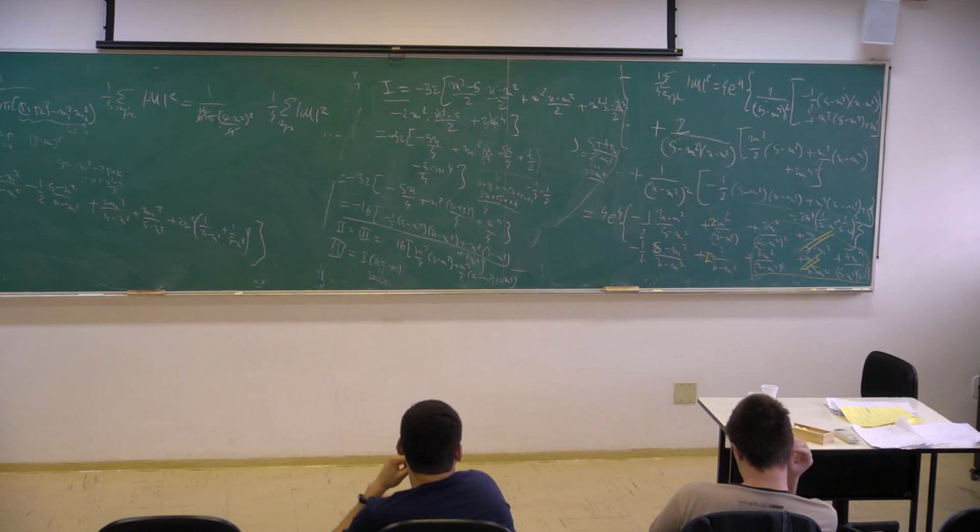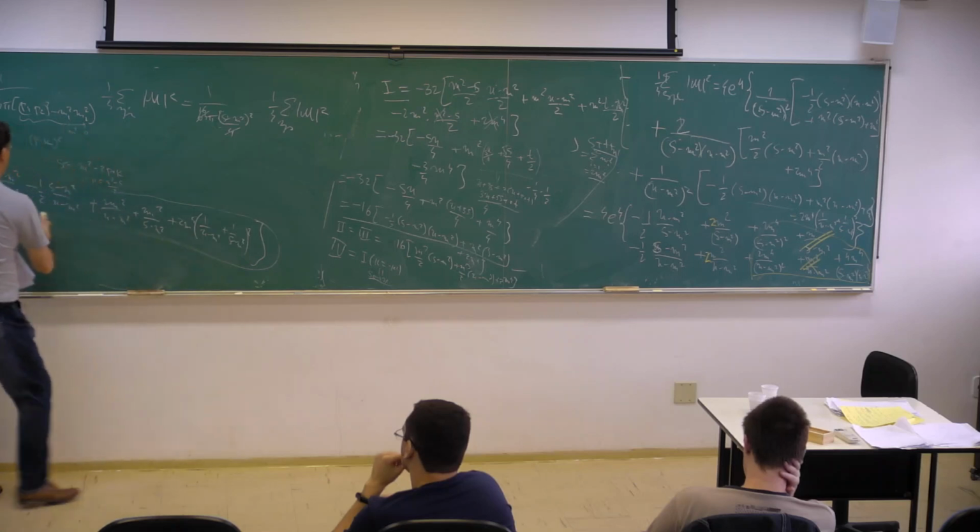Okay, and then if you want, remembering that e squared over 4 pi is alpha, I can write this as 4 pi alpha squared. So that's the final formula for Coulomb scattering.